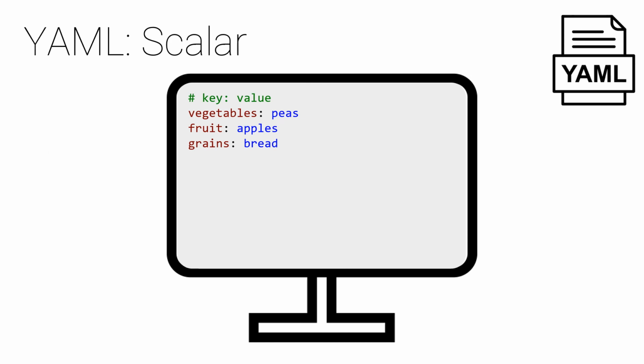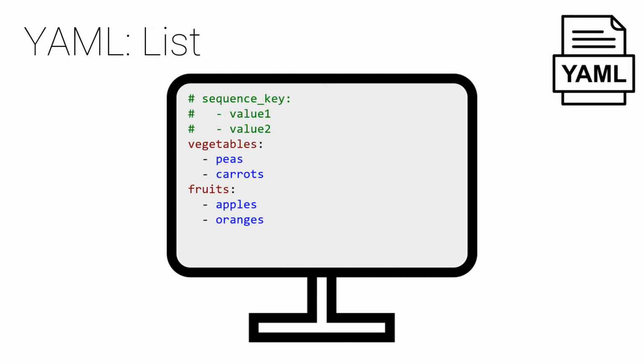Scalars. In our example here, we have our key value pairs all on individual lines that identify vegetables and peas, or fruit and apples being the keys and the values. For our lists, note the keys are on their own line, followed by a 2-space indented list of values.